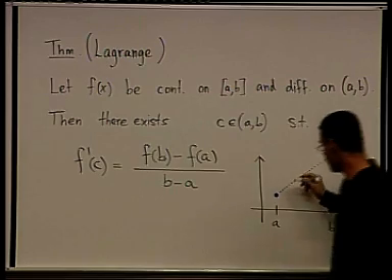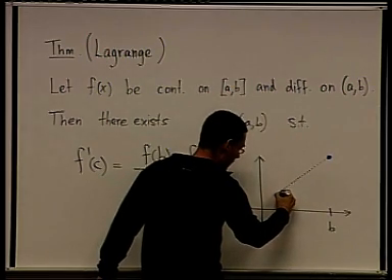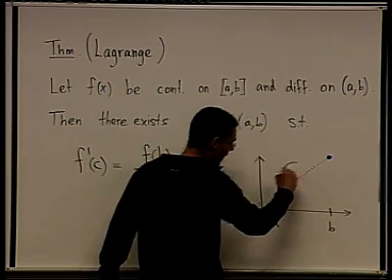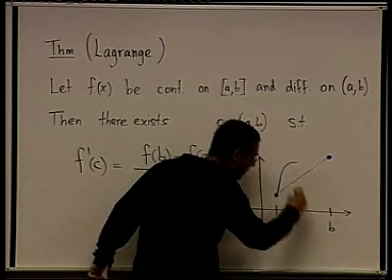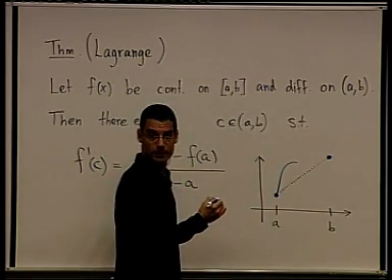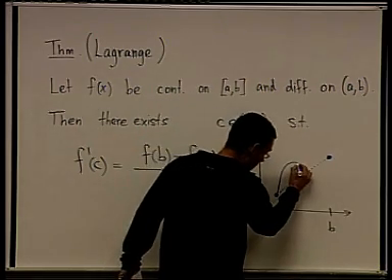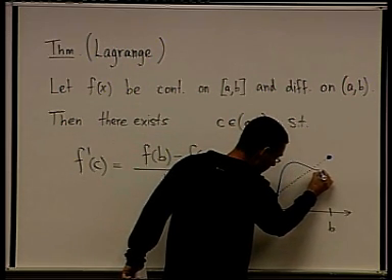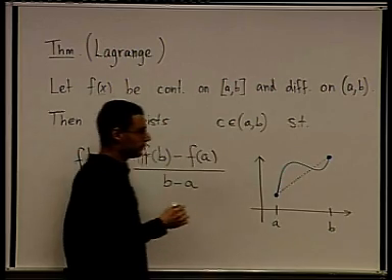So if it somewhere goes above the line, it's going to have to come back, not necessarily come back down, but come back towards the line. Do you agree? Because it has to reach here. And if it at some point went below, it's going to have to come back up.